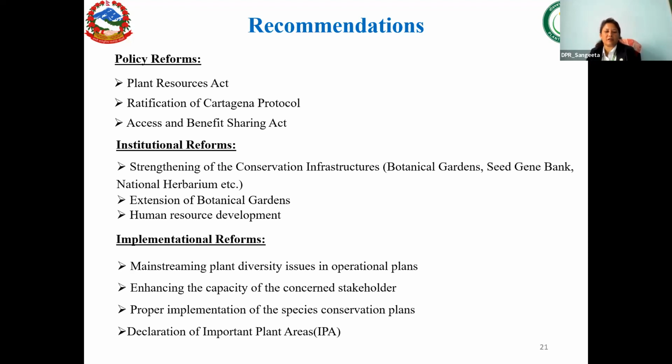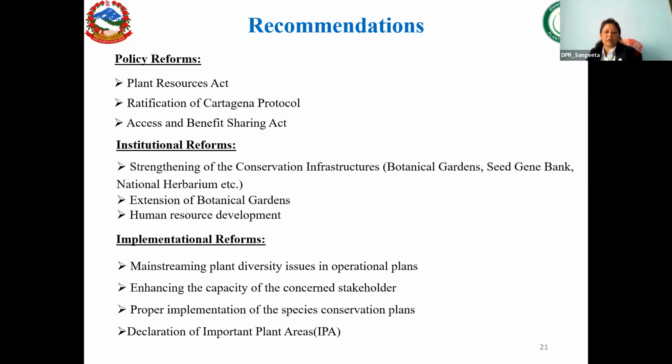Now, ratification of the Cartagena Protocol is most important for biosafety issues, and the Access and Benefit Sharing Act is also one of the policies which has to be formed very urgently, so that we could get benefit from our plant resources.